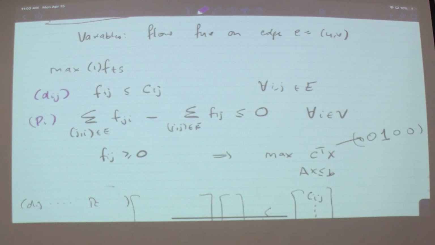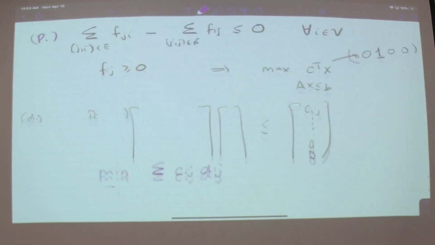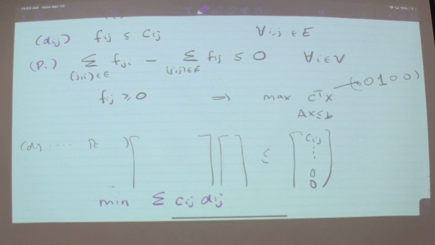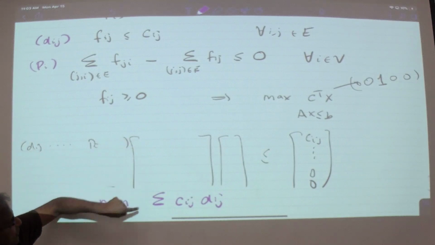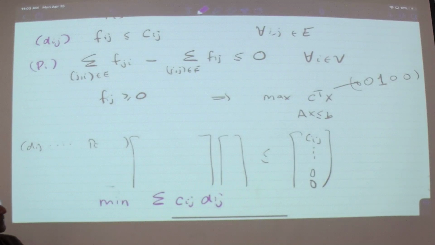Right, now the inequalities are a little bit more work. You have to look at what the A matrix looks like for this problem. Well, the A matrix looks like a bunch of pluses and minuses. Perhaps the easiest way to think about this is to ask what each of these inequalities looks like. So this times that equals that, right?